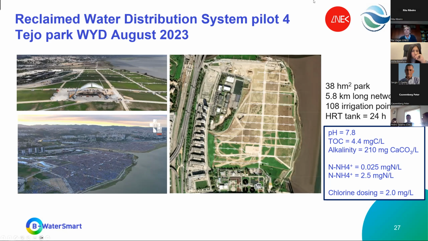And this was the water quality that reclaimed water has: pH of 7.8, TOC content of 4.4 milligrams of carbon per liter, alkalinity of 210 milligrams per liter, and these are the inputs of the model. We simulated this for 2 ammonia concentrations, one with virtually no ammonia, considering 0.025 milligrams per liter of nitrogen, and another one with 2.5 milligrams of nitrogen, and we simulated a chlorine dosing of 2 milligrams per liter.